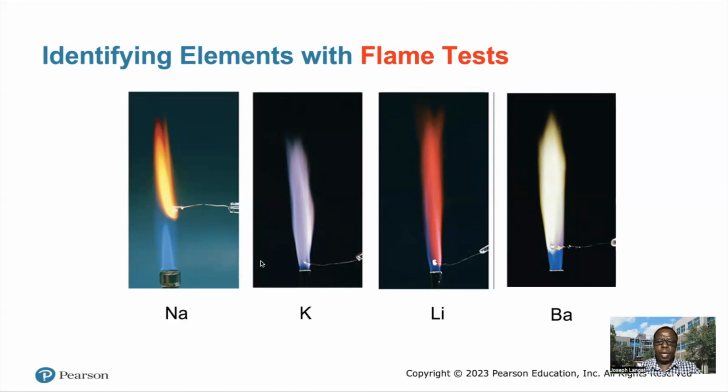You'll see a characteristic flame depending on the element. This is sodium, this is potassium, this is lithium. Brick red, there is greenish for barium, there is one for calcium, strontium, and so forth. We use the already established fingerprints for flame tests to identify the element.